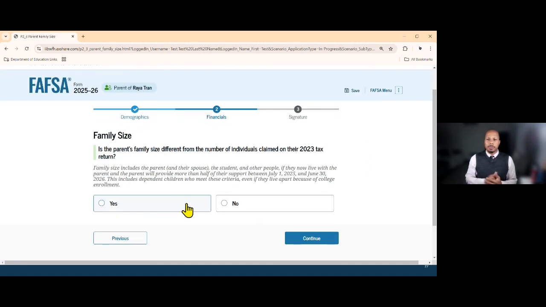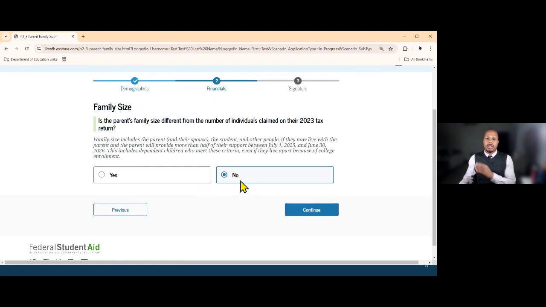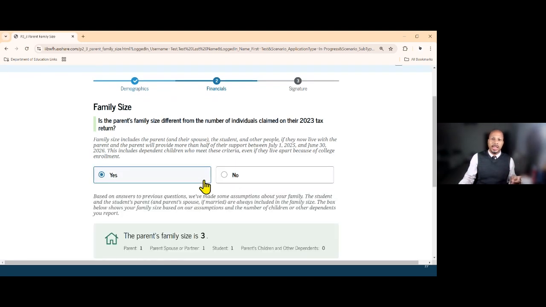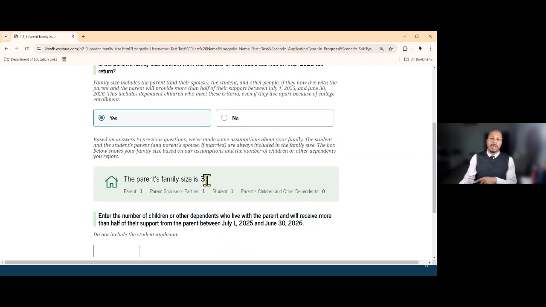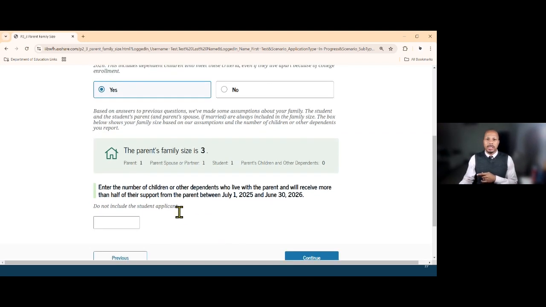Now we're also going to ask information on the individuals that you claimed on your tax returns. Is that the same as your family size? If not, you'll be asked on the next screen to go ahead and adjust that number. If it's the same, then we'll automatically conclude what that number is. And if it looks like it is, then you say, okay, great. Now keep in mind too, as it pertains to the number of students that are going to be receiving half the support, we could say, okay, well, guess what?